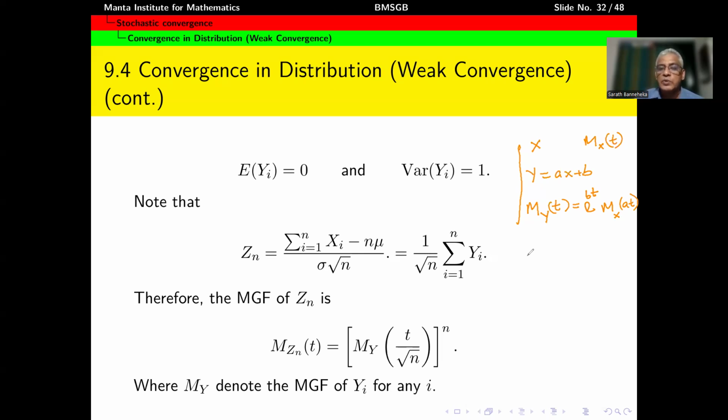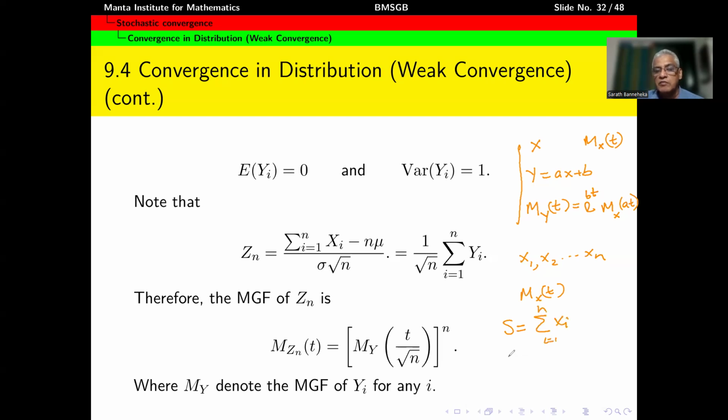Also, you can show that if X1, X2 up to Xn are IID random variables, they all have the same moment generating function, say Mx(t). X1 has Mx(t), X2 has Mx(t), because they are IID, their moment generating function is the same. Now let S be equal to the sum of Xi, i from 1 to n.